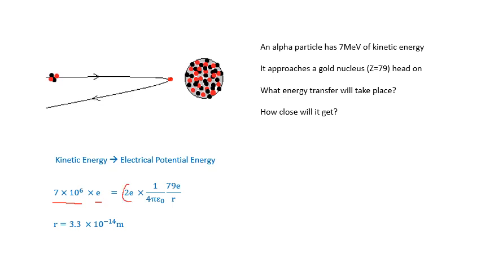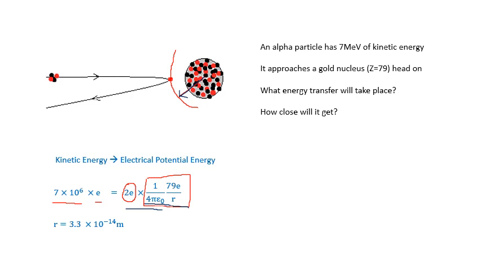Well, that's little q, the charge on the alpha, times the potential at that distance from the center of the nucleus, due to the nucleus. So those two together is the electrical potential energy.